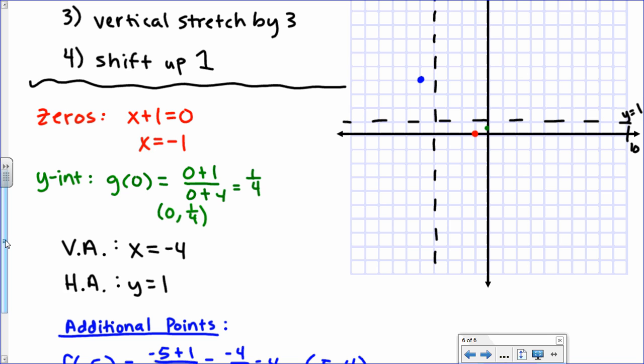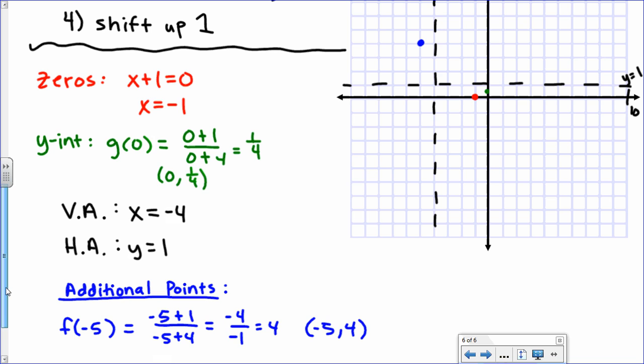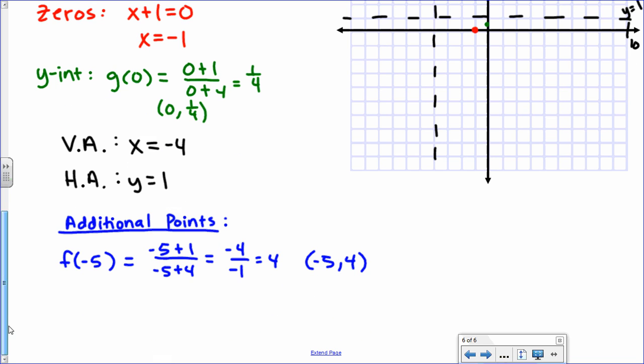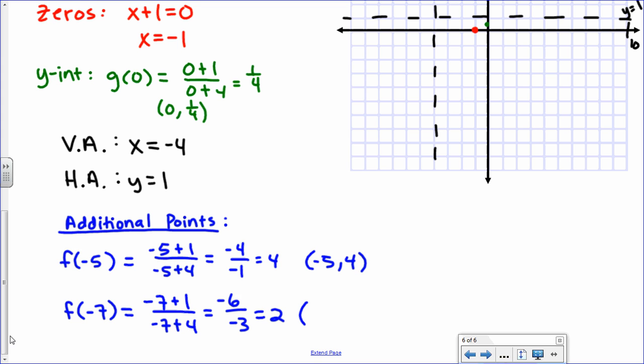I want to have at least one more point over there left of that. So what's another point I can plug in? Okay, -7. You could also do -6, but -7 will give us a whole number. So -6 over -3 is +2. So (-7, 2).